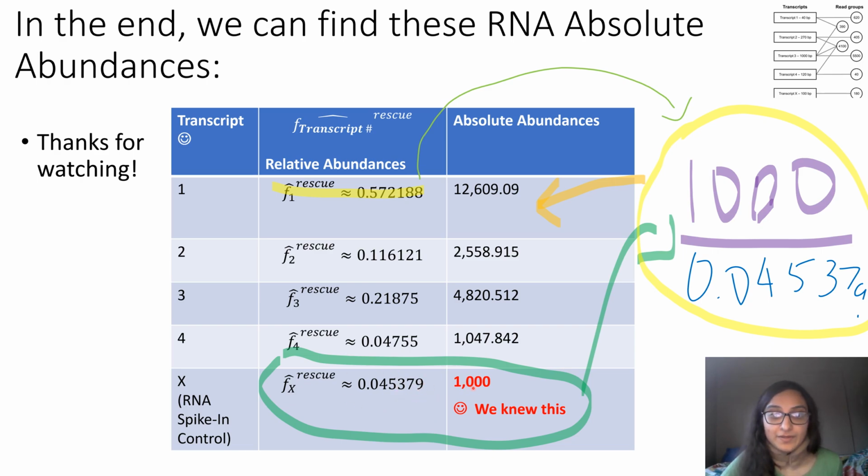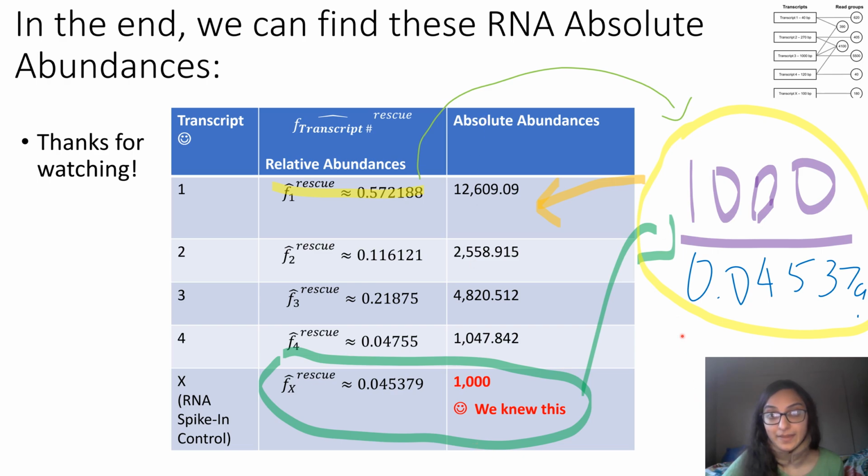Then we took our absolute abundance divided by our relative abundance and used it as a scaling factor. This is about 22,000, I think 300-something when you do the division. All we're doing is multiplying the relative abundance value for a transcript by the scaling factor to get our absolute abundances.